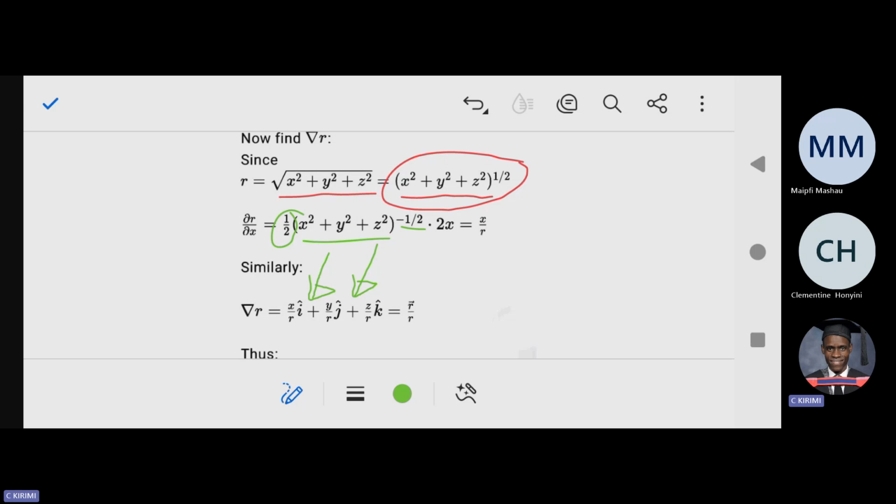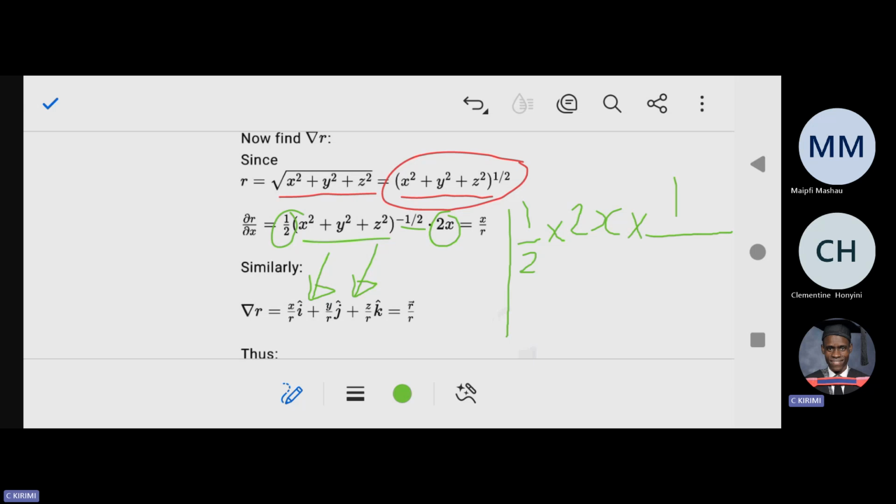And where is this x over r coming from? If you simplify this first expression, it's half, and then we are multiplying by 2x. Can you see this 2x here? So it's half multiplied by the 2x. And this x squared plus y squared plus z squared is to the power negative half, which means we are also multiplying by negative half. It means 1 over everything that is there, which is x squared plus y squared plus z squared.